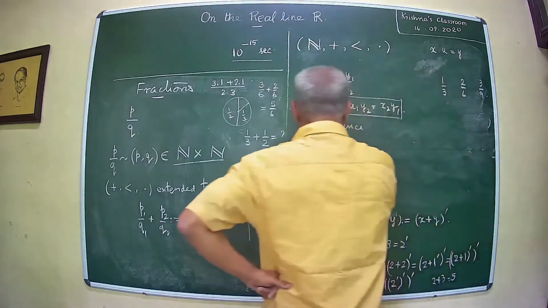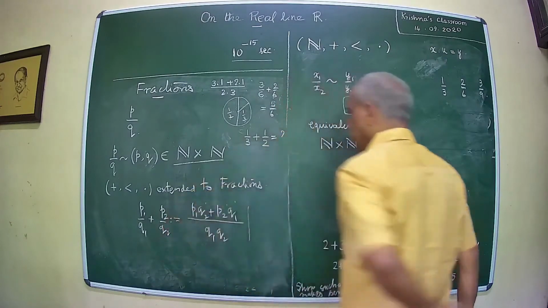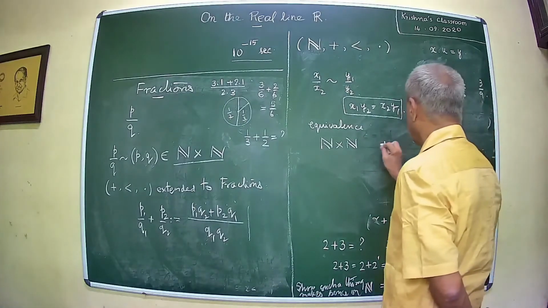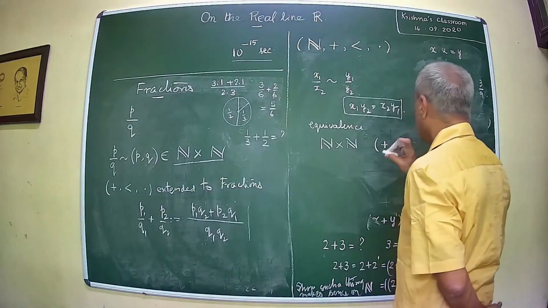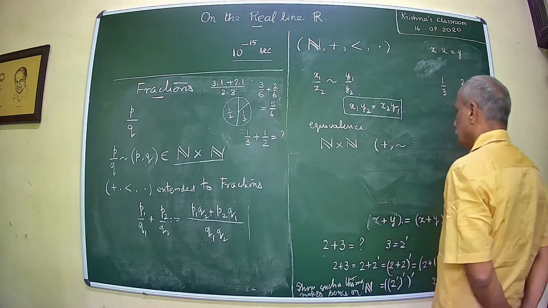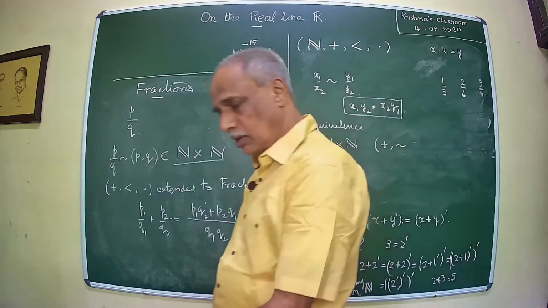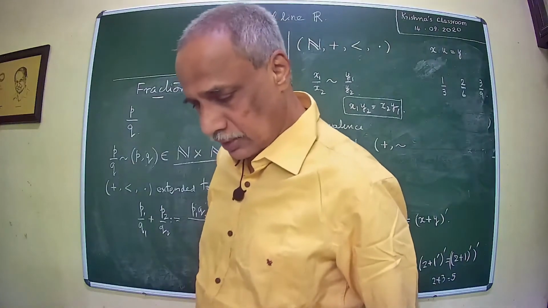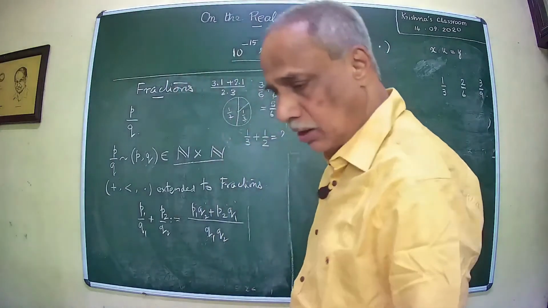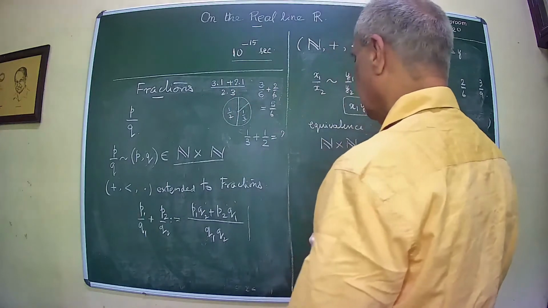So now what you have on N cross N, you identify every element with a fraction. You have an equivalence relation, the equal to notion is there. Then you have addition, and then you have an order structure. What do you mean by order structure?